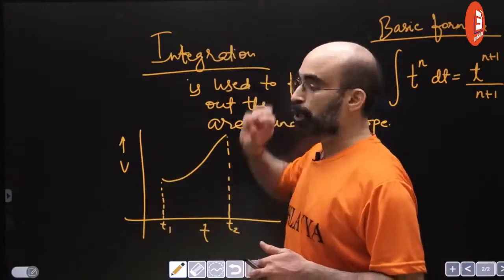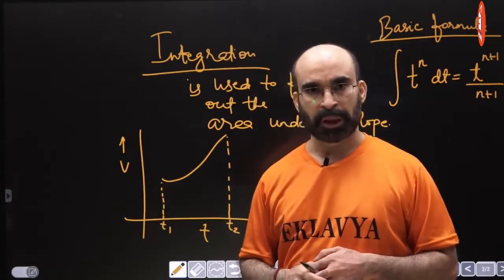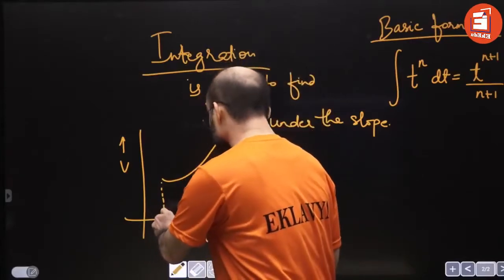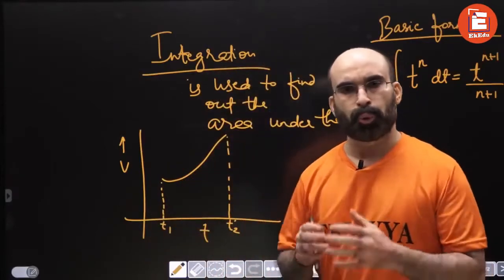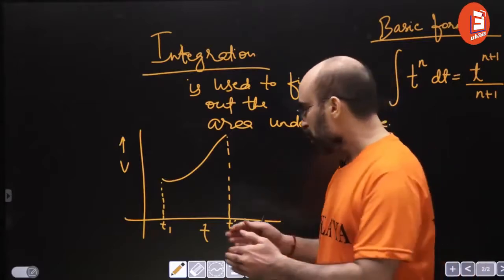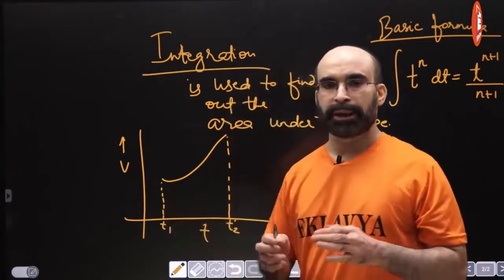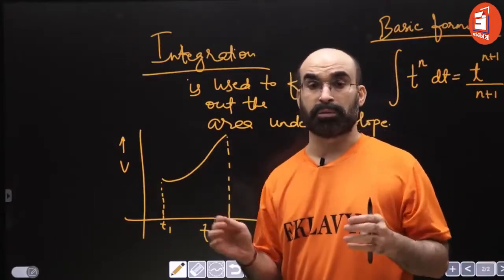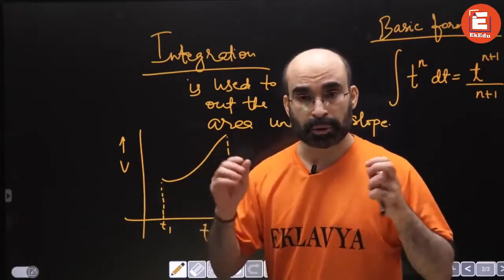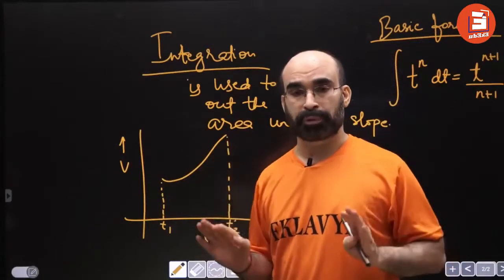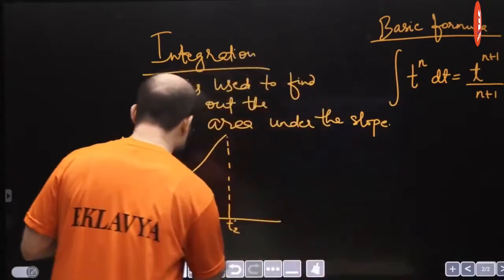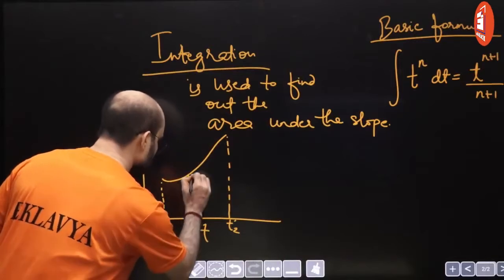Here comes the use of integration. This is the entire time period, T1 to T2. What we will do is break this interval into very small, multiple intervals. Let's say infinite, consider it n number of small intervals, and let us consider this strip to be dt.